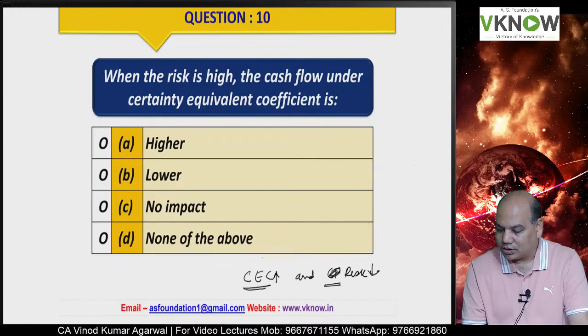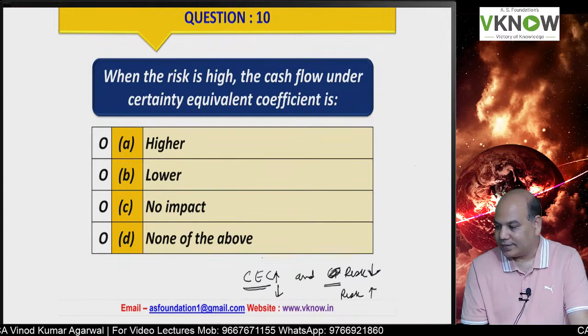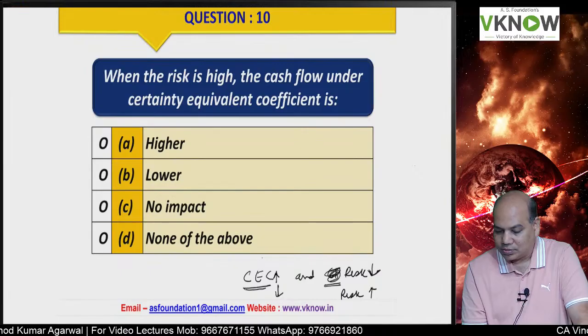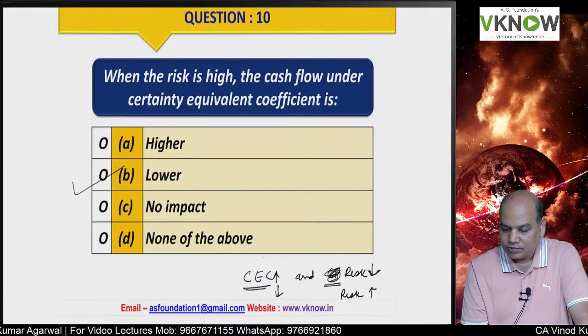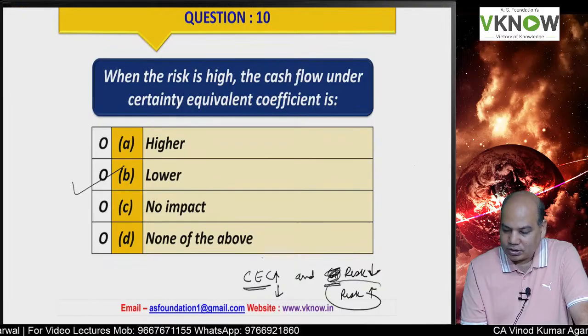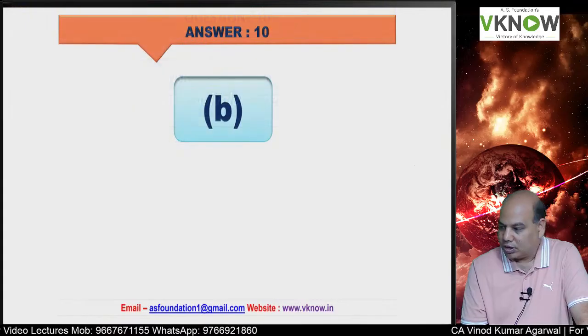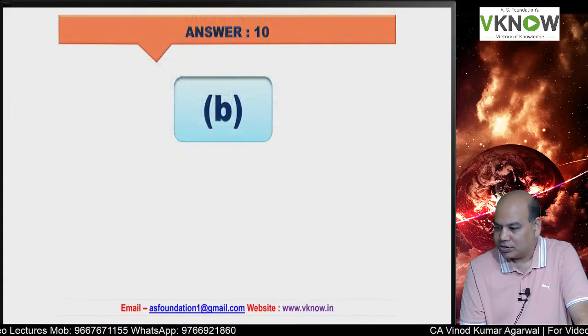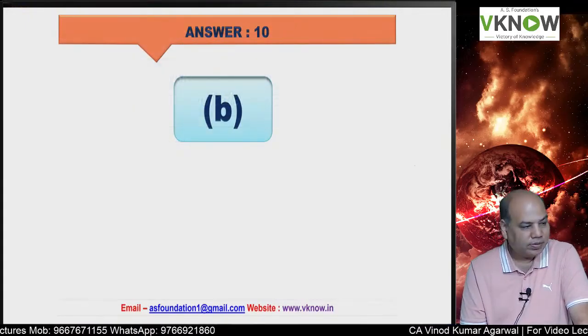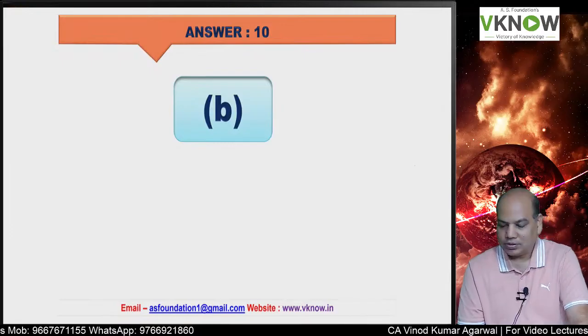CEC and risk are inversely related. But if CEC is low, risk is high. This is an inverse relationship. So the answer will be B. If the risk is high, the CEC of the cash flow would be lower. So tick mark B. 10B was the right answer.